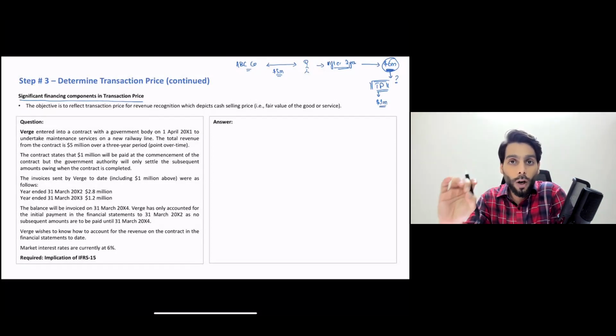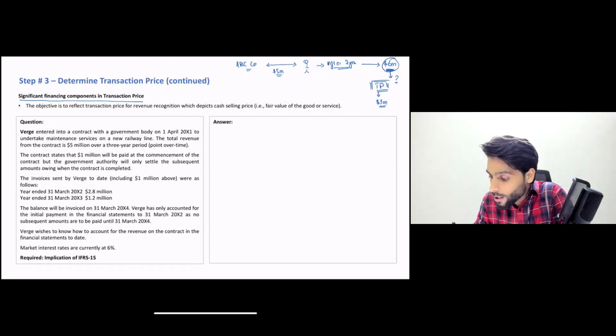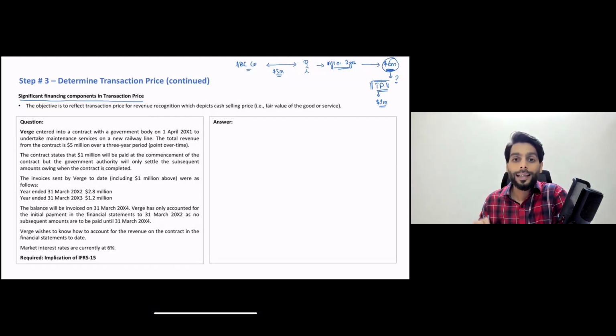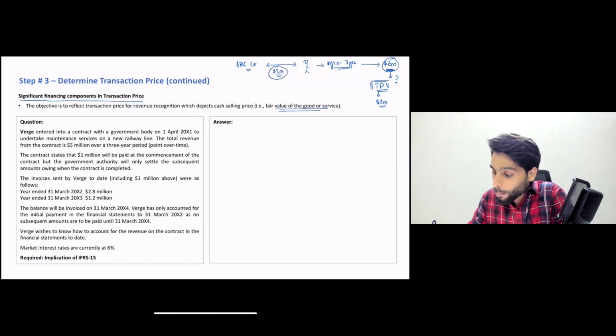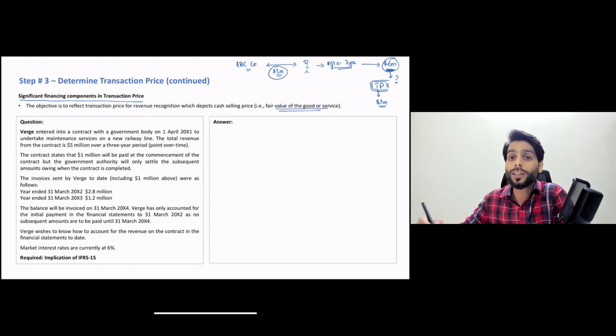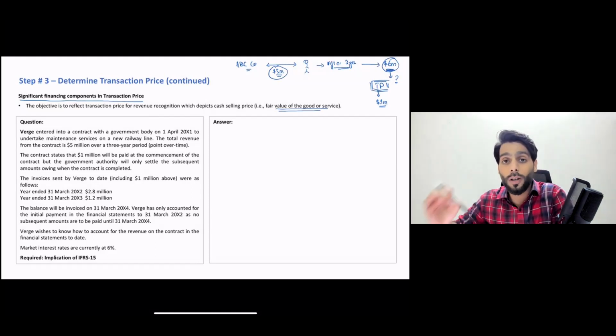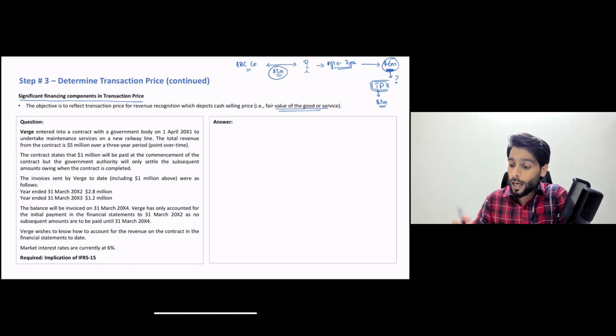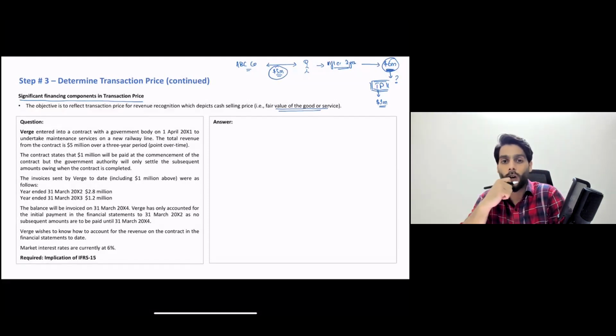IFRS 15 wants to recognize revenue based on the fair value of goods or services. Technically, the real value of the good was $5 million. The transaction price was ultimately $6 million just because of the delayed payment terms. Otherwise, the real value of the good or service was $5 million.